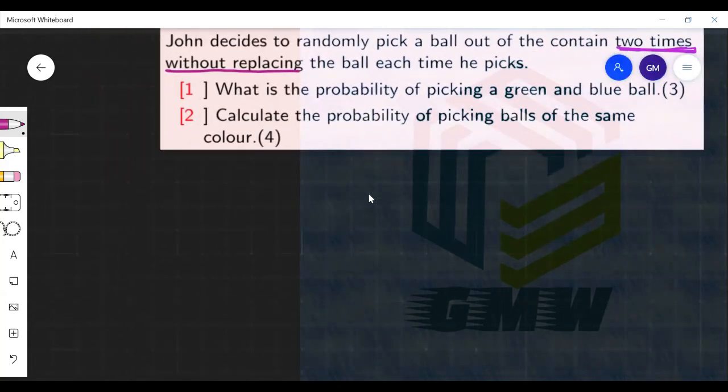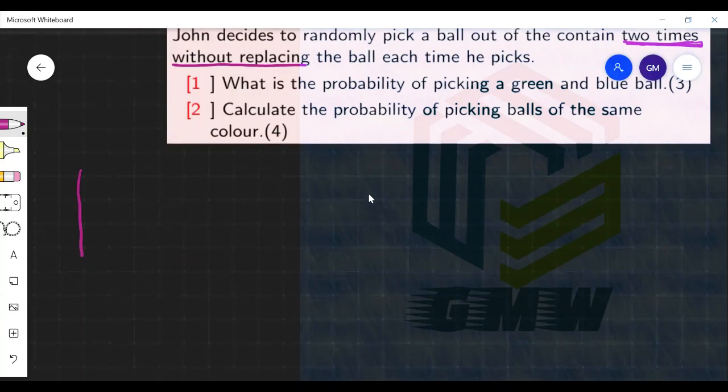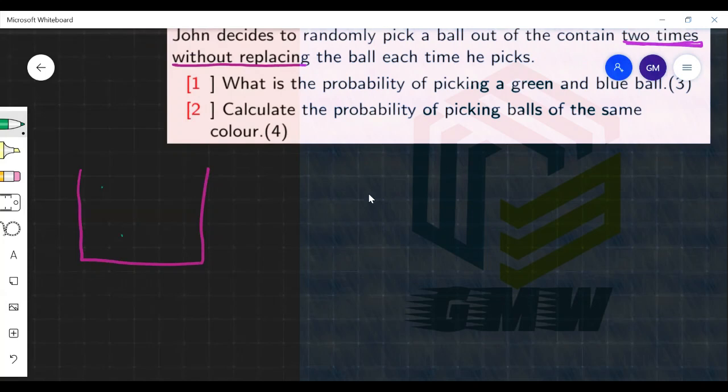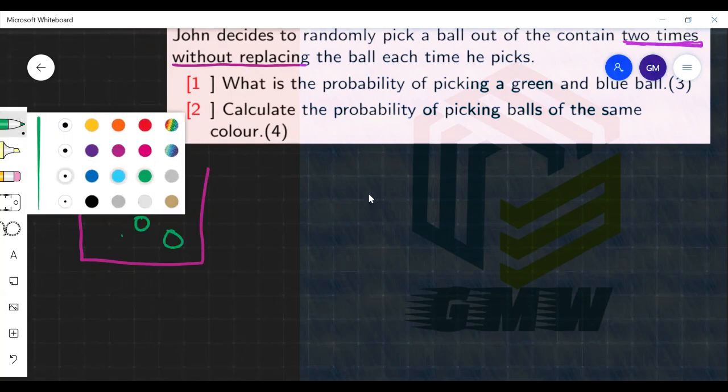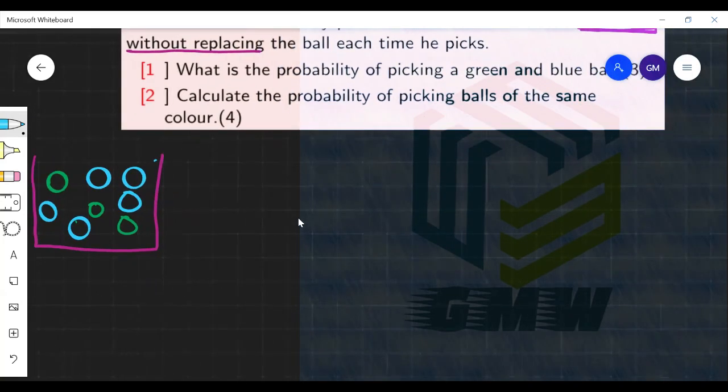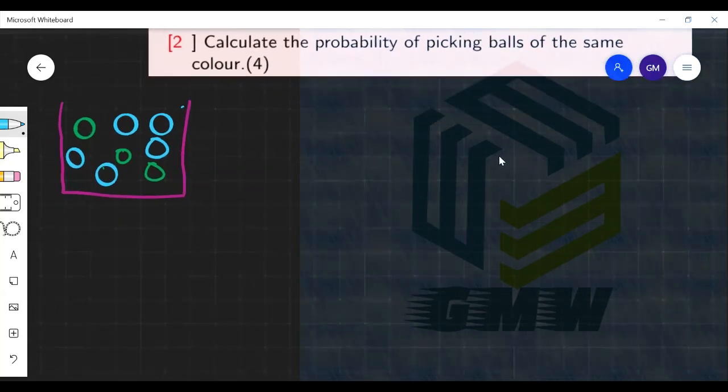So here's what will happen. Let me draw the container for you. Then we have how many green? 3. Yes. 1, 2, 3. Then how many blue? 5, right? 1, 2, 3, 4, 5. Okay, that's our container. So since we have 2 colors, we need 2 branches, right?